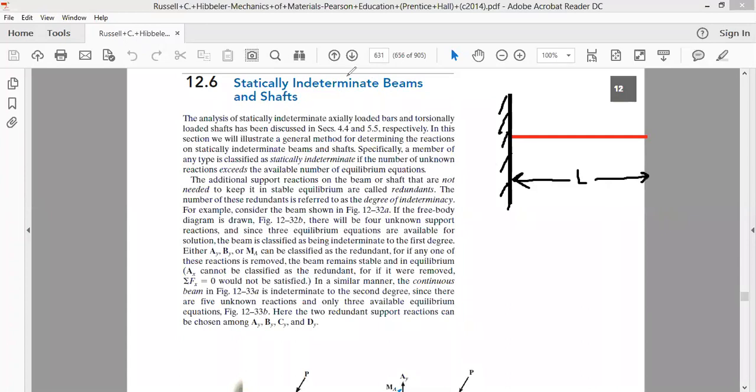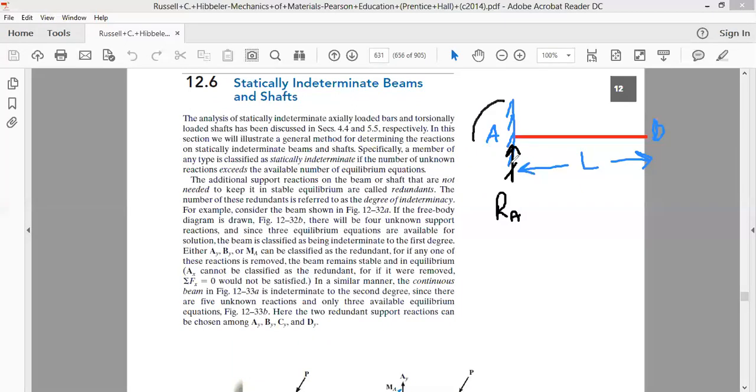If we start doing analysis of this cantilever beam, which is subjected to any sort of load, and it is fixed at one end, we call this end A and this end B, and the span of the beam is L. At the fixed end of the beam we have a reaction, reaction at end A, and we also have a fixed moment, that is the reaction moment MA.